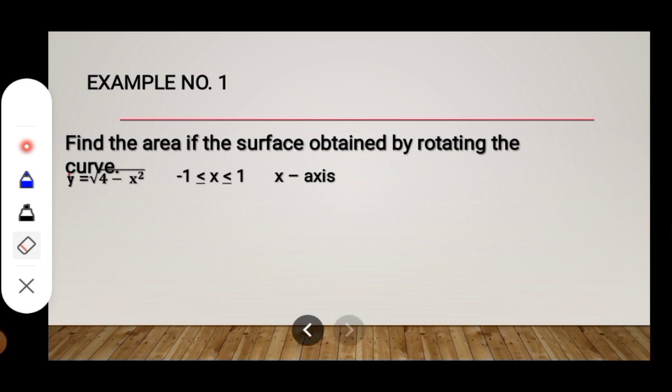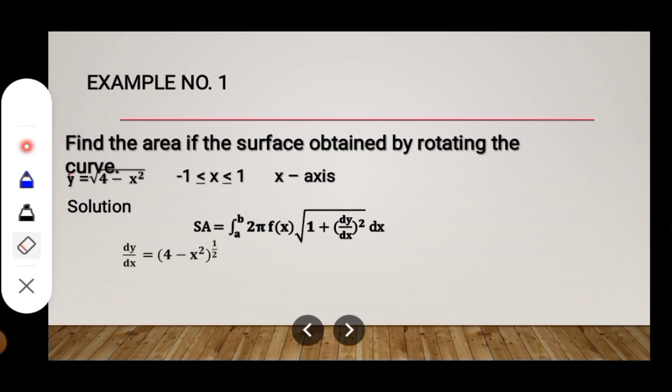So we are using the formula from a to b, the integral of 2 pi f of x times the square root of 1 plus dy over dx squared, dx. So we need to solve for dy over dx. The y will be the square root of 4 minus x squared, which is 4 minus x squared to the power 1 over 2.